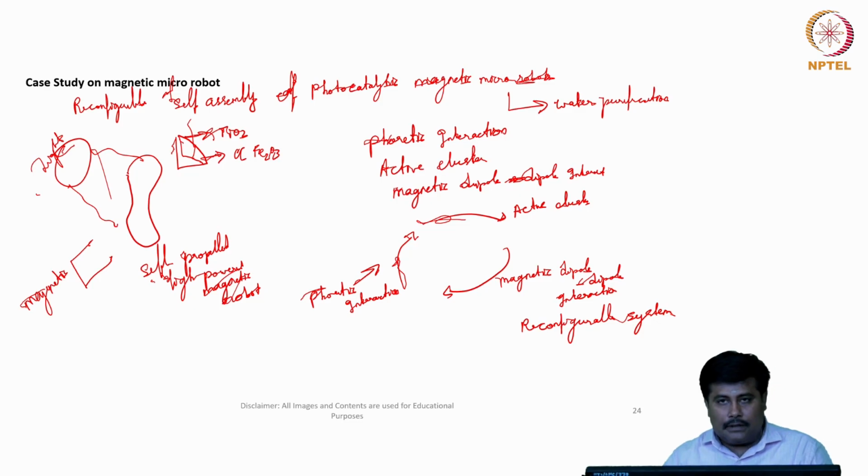In the dark, the cluster reversibly reconfigures into a micro chain, where the micro robots are aligned and the photocatalytic properties can be appropriately used for a process.